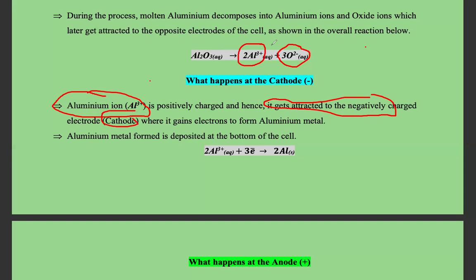Now, first of all, you need to understand that for it to become positively charged, it means the aluminium lost electrons. So now when it gets attracted to the negative terminal, that terminal is actually in need of electrons. Oh, it has a lot of electrons around it. That's why it's negatively charged.